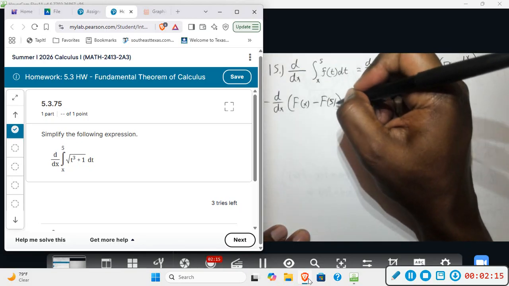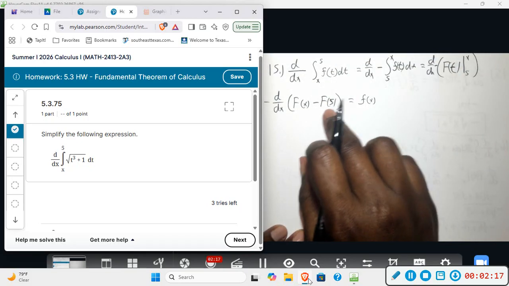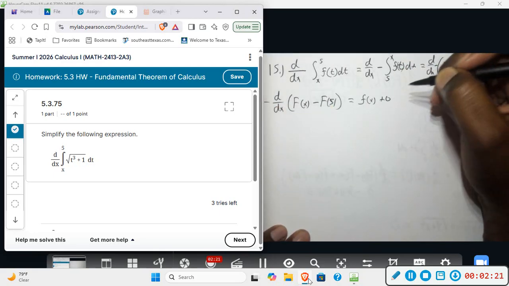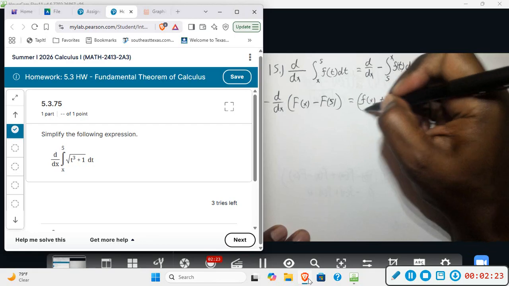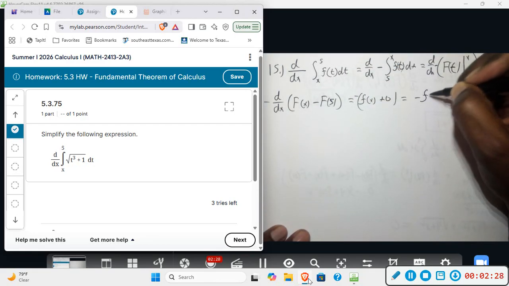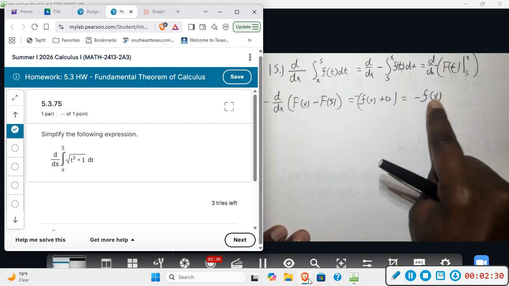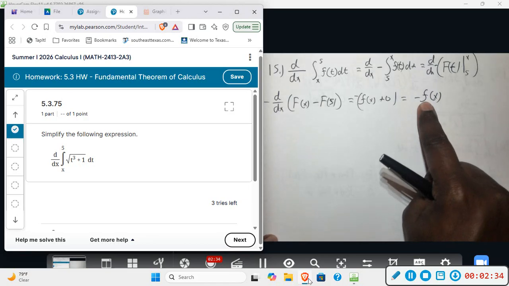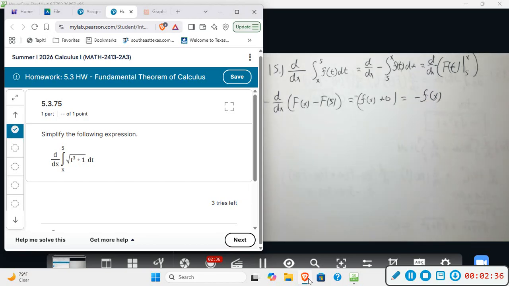Derivative of, this will be a constant. When we plug in 5, it'll give us a number. Derivative of a constant is 0 or minus 0. And then we still had our negative out front. So this will just give us a negative f of x. So we started with f of t, and now we're ending with a negative f of x.